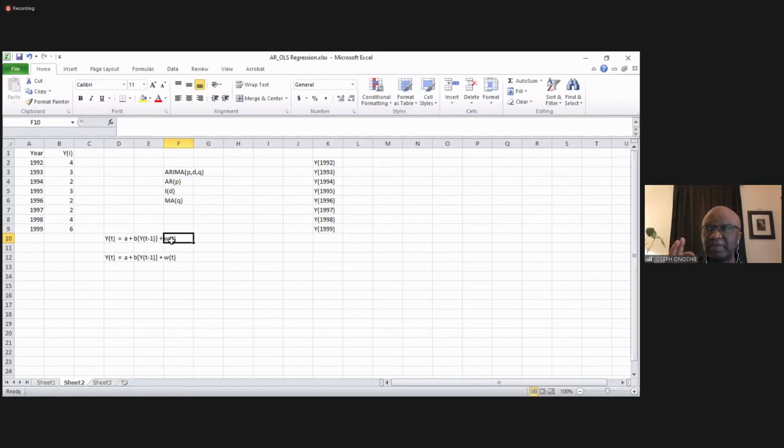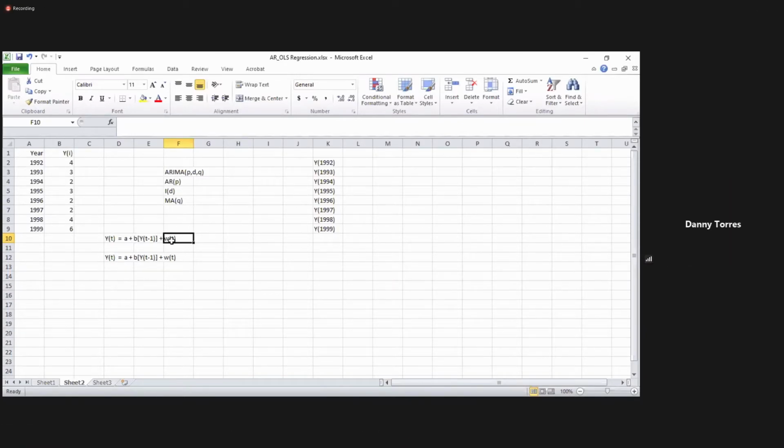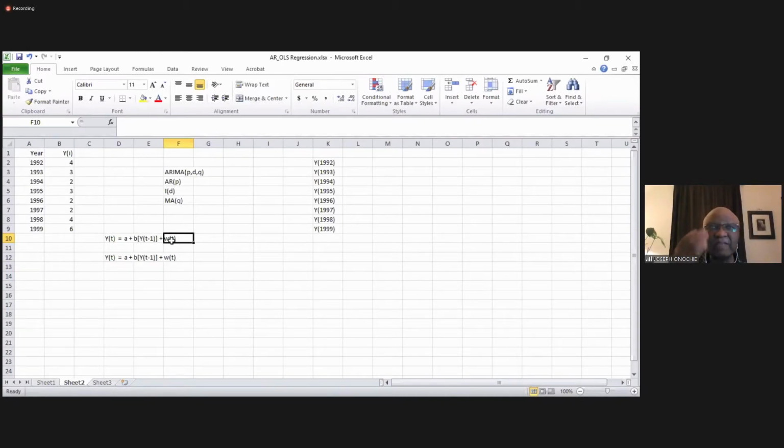So in Econ 4000, you learned the nice properties. What conditions must hold for your OLS regression to be perfectly correct?